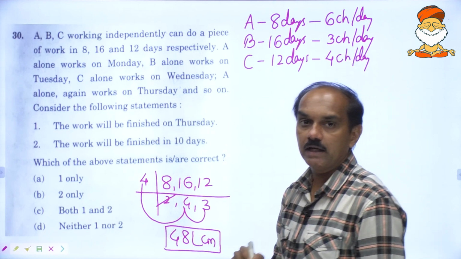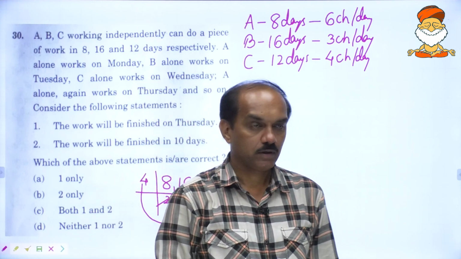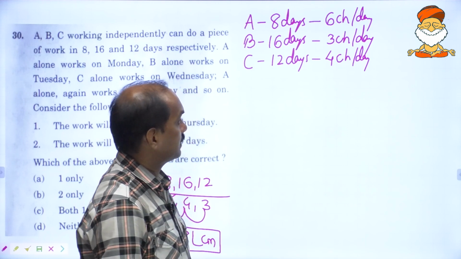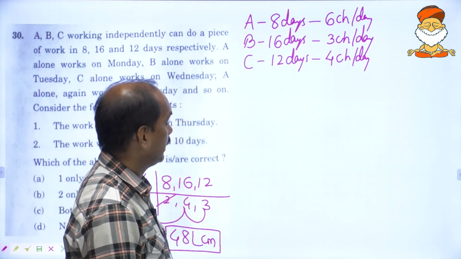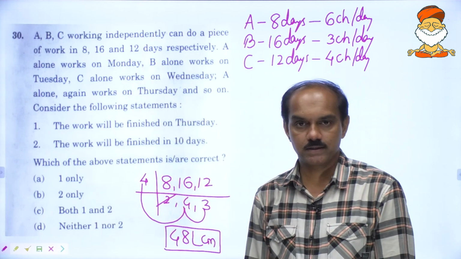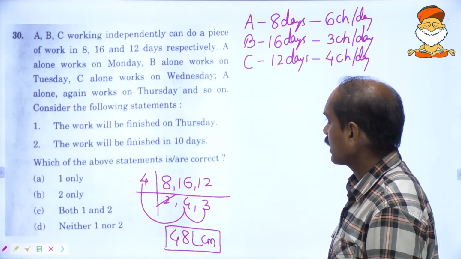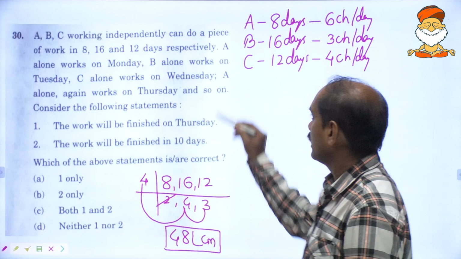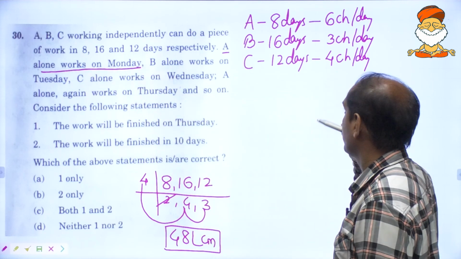These are their individual capacities. A's capacity is to arrange 6 chairs every day. B's capacity is to arrange daily 3 chairs. And C can arrange every day 4 chairs. Now who will come when? A alone works on Monday.